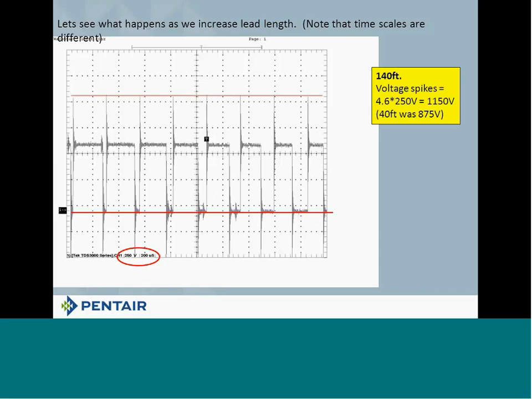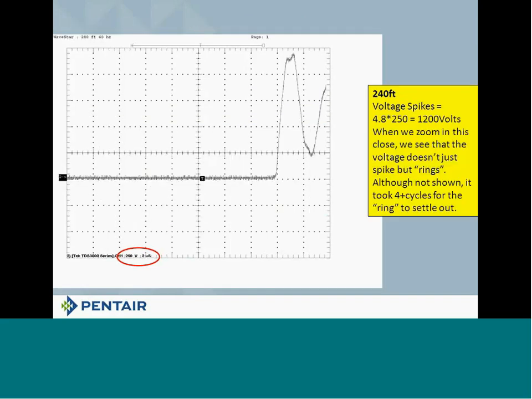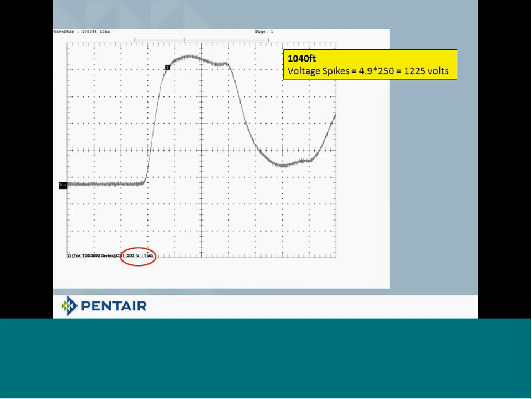At 1,150 volts, we're going to be blowing up, or burning up, premium efficiency motors. So this is why that filter or reactor are so important. Okay? Here we are at 240 feet of cable, and here we are at 1,040 feet of cable. 1,225 volts. We're burning up any motor we put in there, okay? If we don't put a filter or a reactor on there.